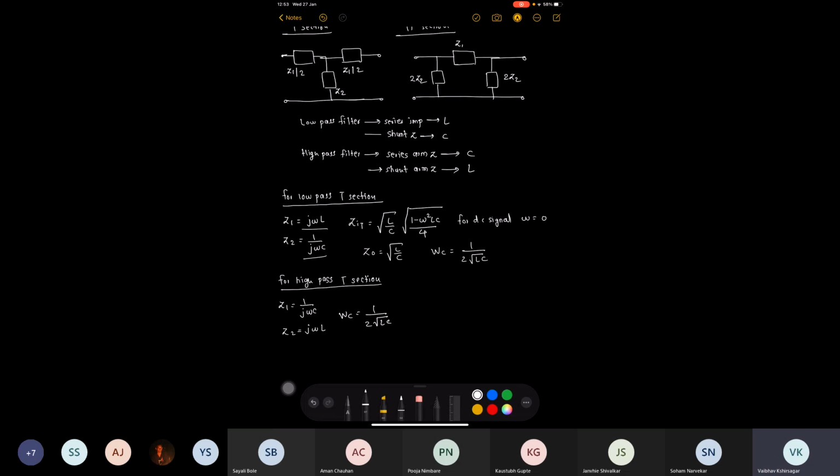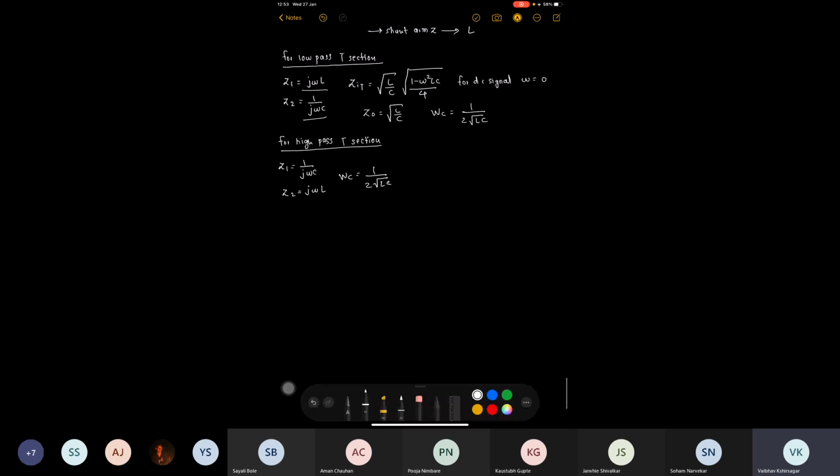Okay. So how are these then represented? Okay. So I will draw here all the possible configurations of T section and pi section. First of all, T section low pass. T section low pass. So in the series arm, it should be an inductor. In the parallel arm, it should be a capacitor.